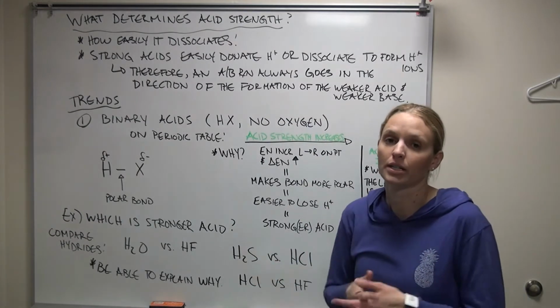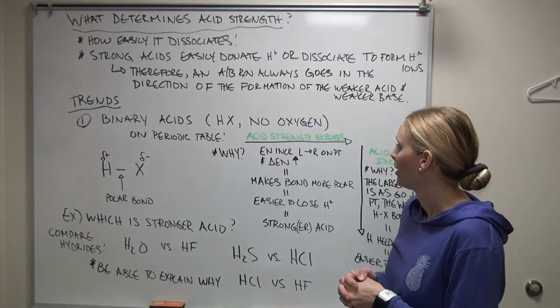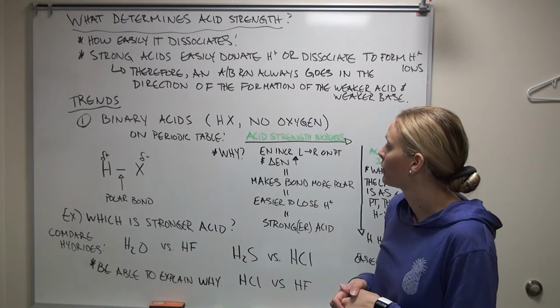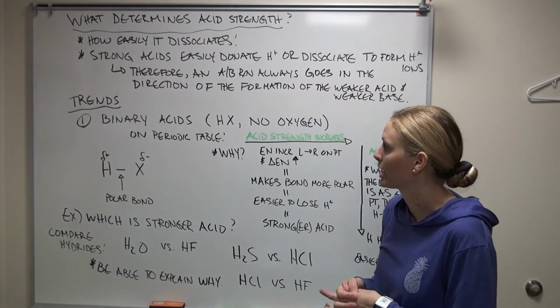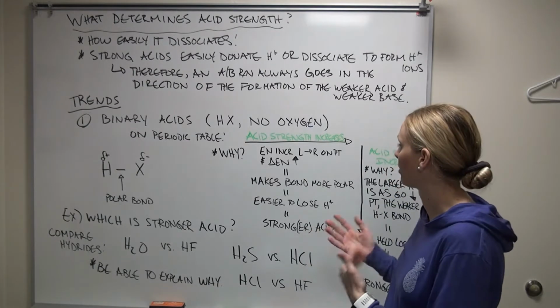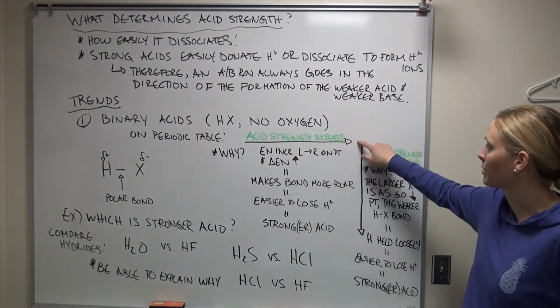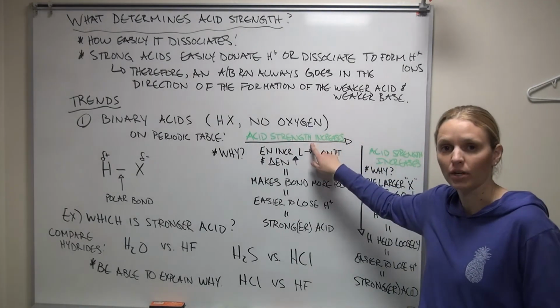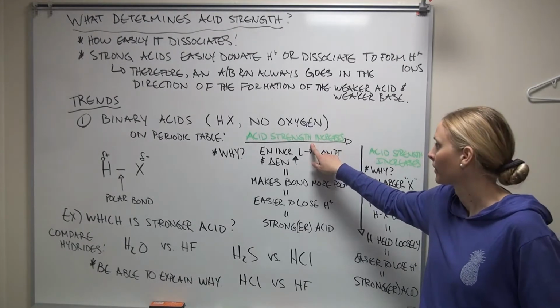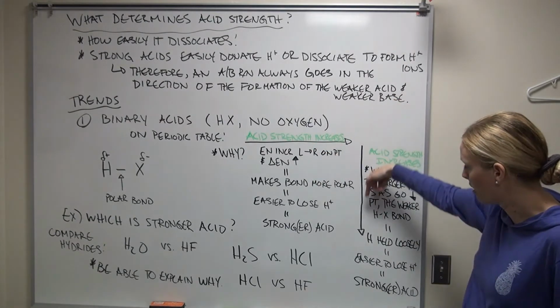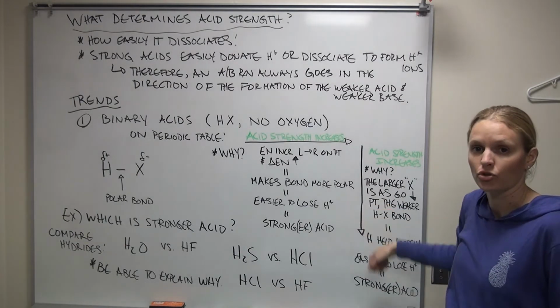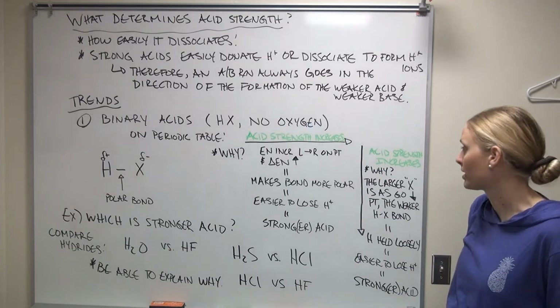We have a difference in electronegativity, so we have a polar bond. So the trend on the periodic table for binary acids when we're comparing one to another: as we go to the right across the periodic table, the acid strength increases, and as we go down the periodic table, the acid strength also increases.